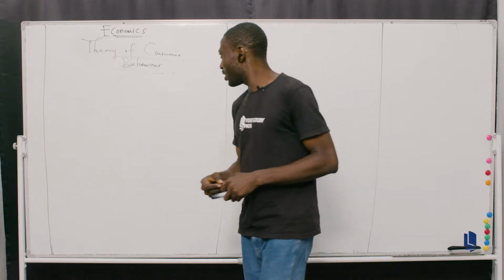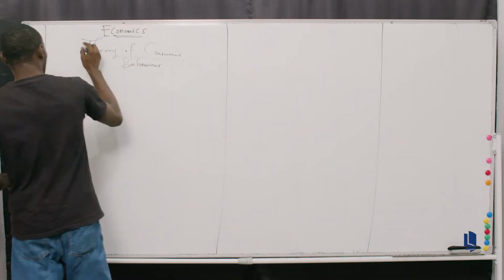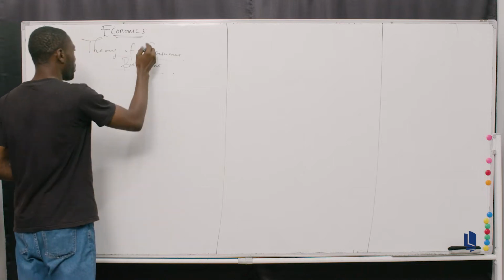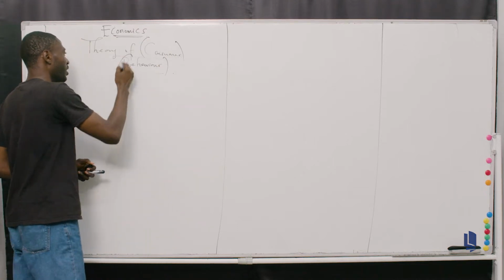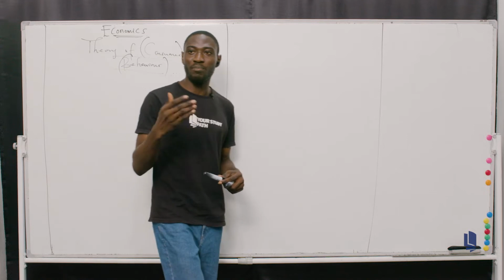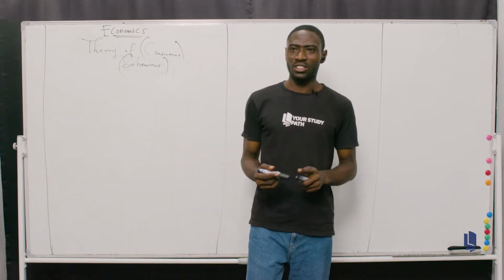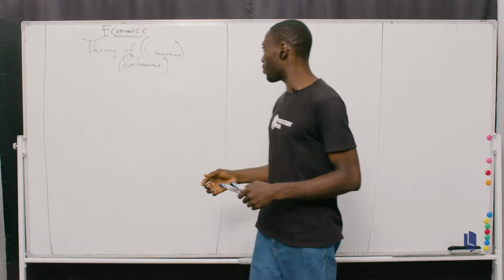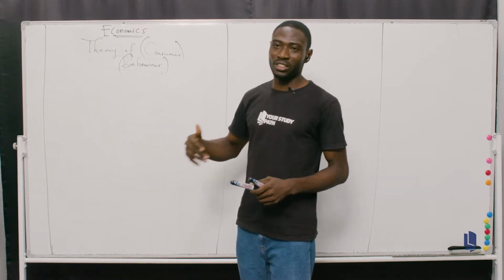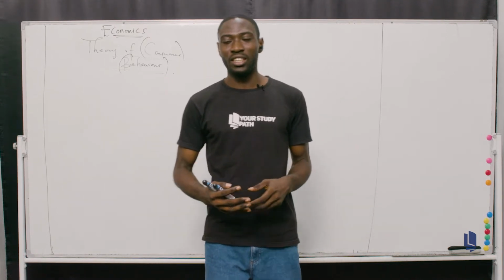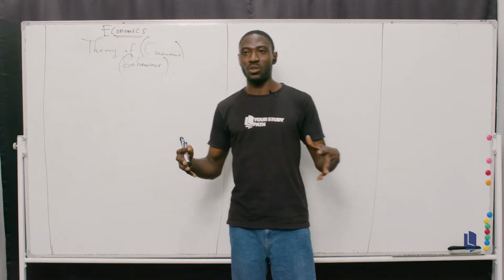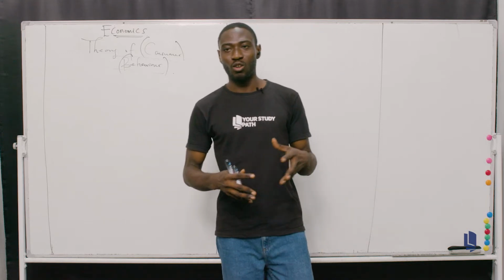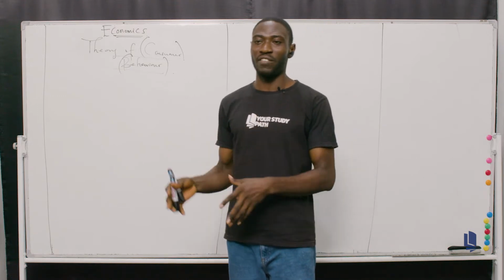All right. Now, looking at this topic, theory of consumer behavior, the key words here being consumer behavior. Now, the question is, what is consumer behavior? When we look at the consumer, there tends to be a correlation between the consumer and the environment.